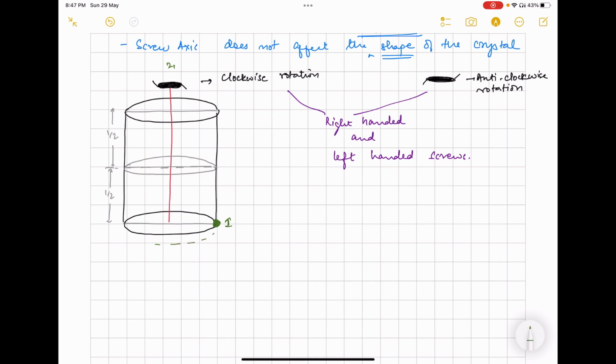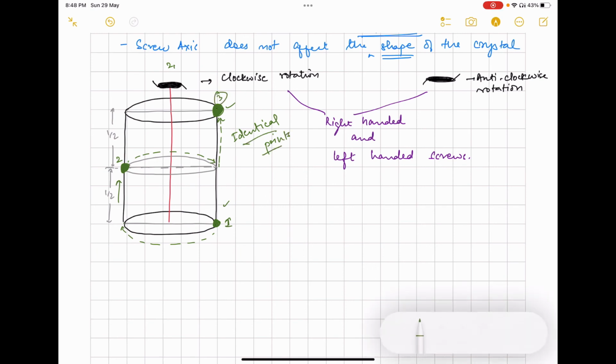After 180 degree rotation, this should reach here and then a translation of 1 by 2, so it moves upward. So it reaches here, and from here this is point 2. From here it again rotates by 180 degrees, reaches here and then translates by half. So it reaches here, again the same point, identical. If you see from the top view, this and this are identical points.